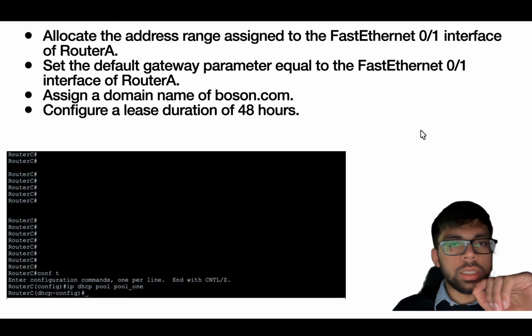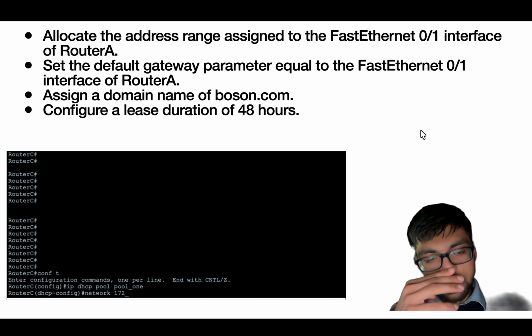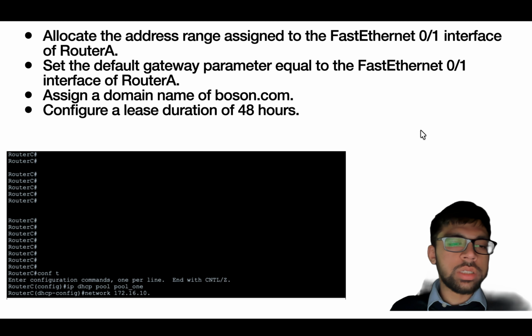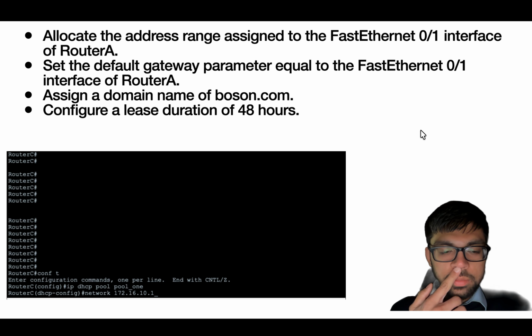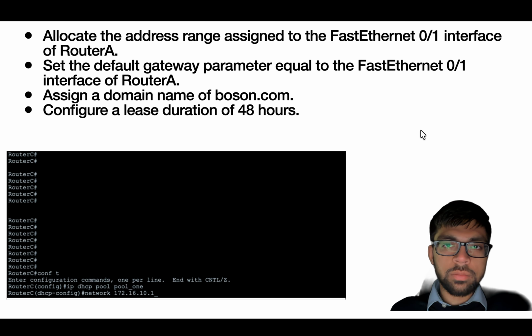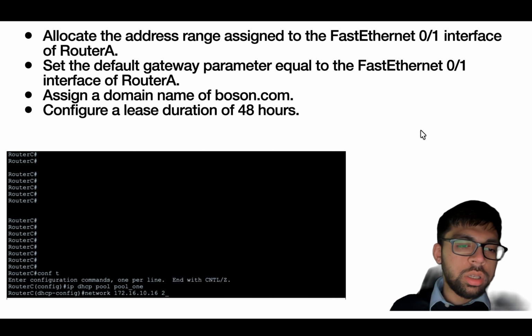We need to allocate the address range assigned to router A's interface of Fast Ethernet 0/1.